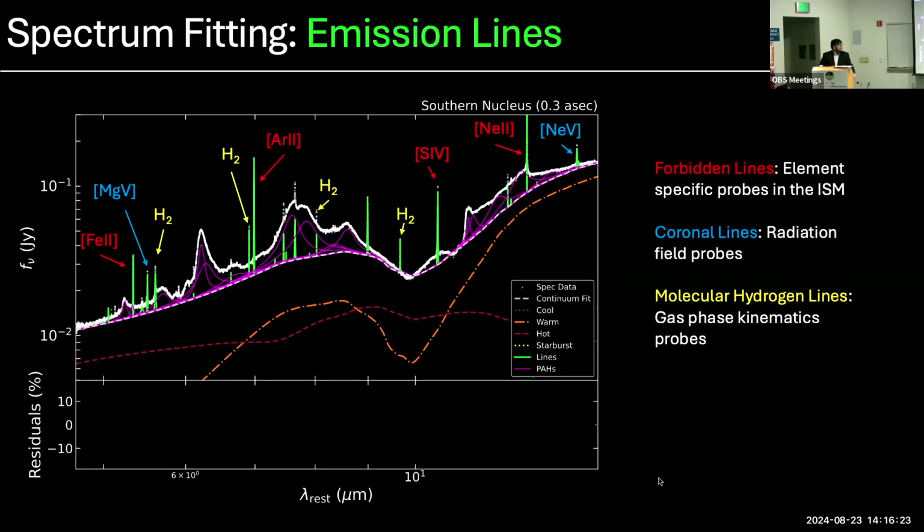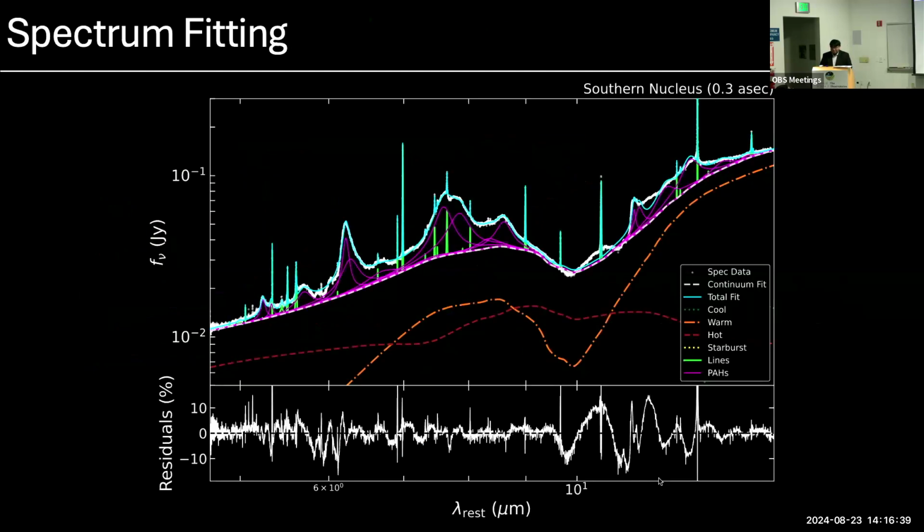Coronal lines are characterized by having very high ionization energies, and this makes them very useful for trying to probe the radiation field in different parts of the galaxy. In addition, we're also looking at molecular hydrogen lines, which allow us to probe into the gas phase kinematics of the cloud. So you put them all together, and then you get this spectrum fit, which isn't quite perfect.